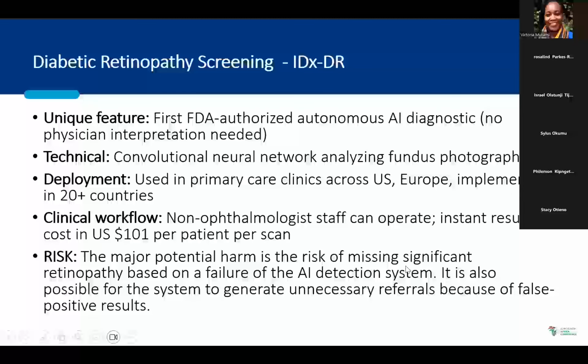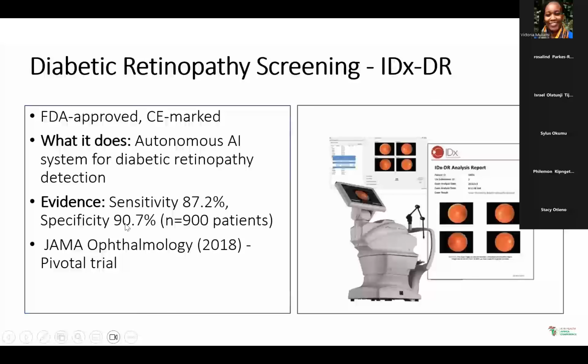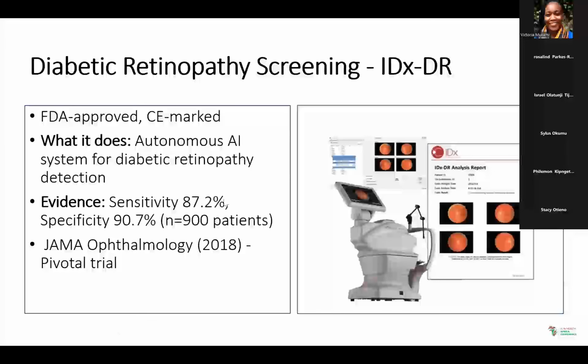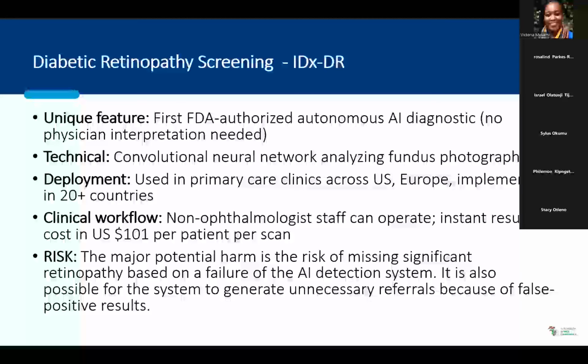The specificity is 90%, so 10% of the time it will think there is diabetic eye disease when there isn't, which can generate unnecessary referrals because of false positive results. That's why specificity and sensitivity are important. Low sensitivity means you miss things, false negatives, and low specificity means you're over-diagnosing, false positives. Both have implications financially and in terms of stress on patients, and they're things to look out for.